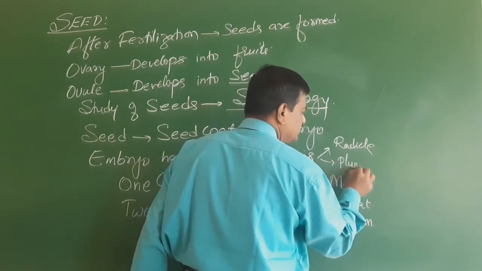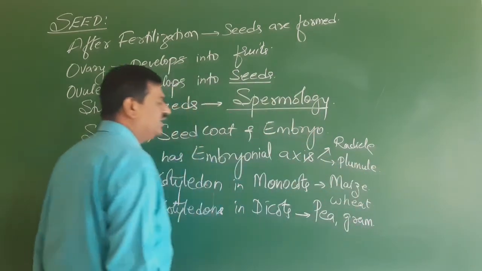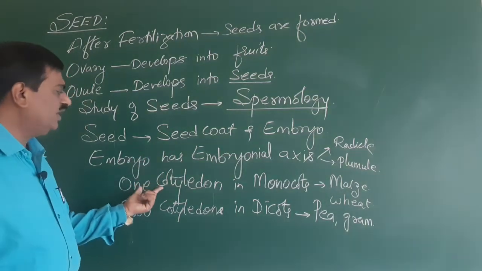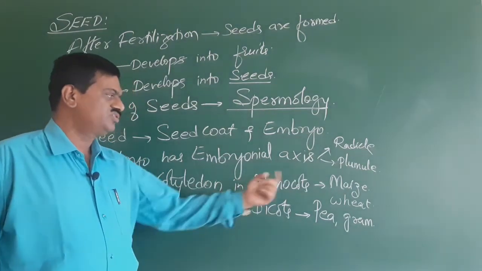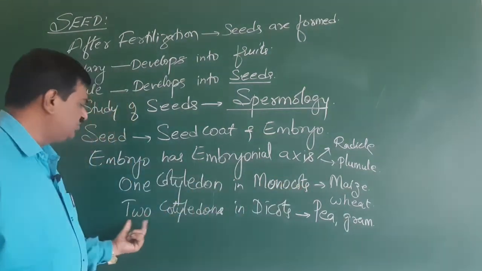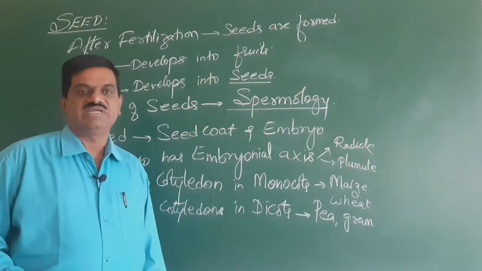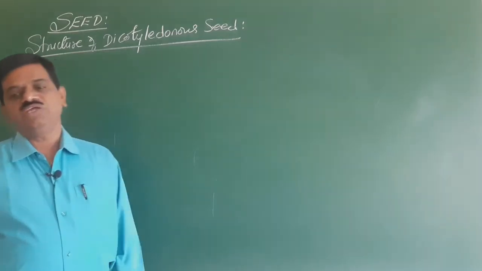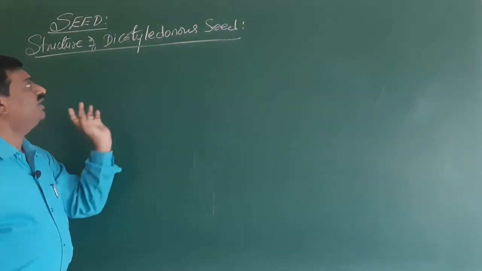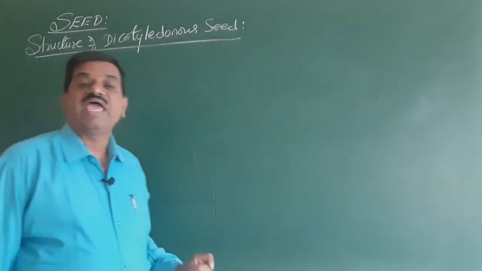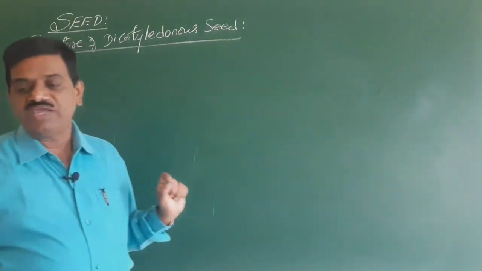It has one cotyledon in monocots, example maize and wheat, and two cotyledons in dicots, pea and gram.